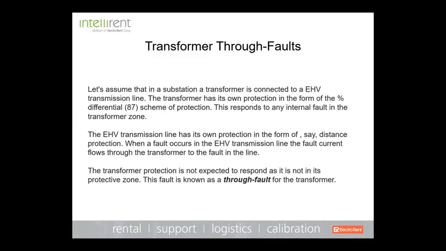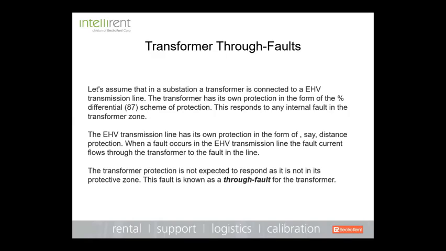Well, let's assume, of course, that you have a transformer out in a transmission system, or even in distribution. And that transmission line or that distribution circuit has its own protection in the form of overcurrent protection, or in a transmission line, you have distance protection or line differential protection in the event of a fault that would happen out in the system.